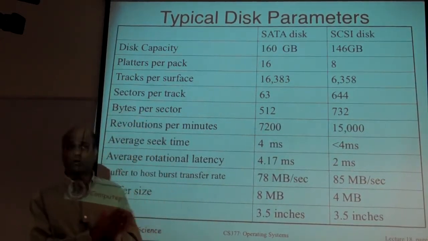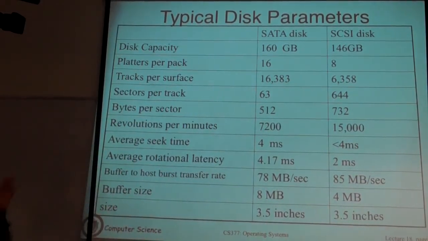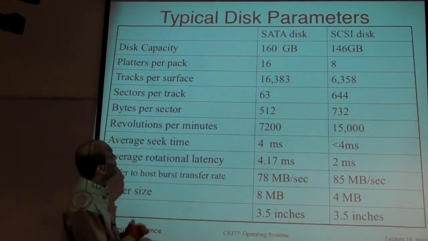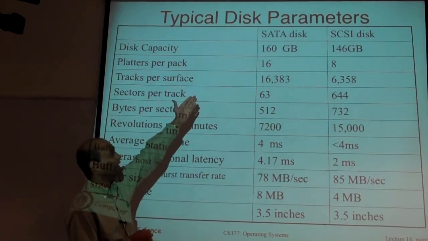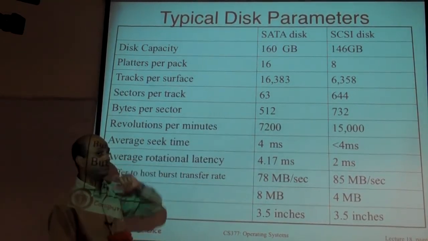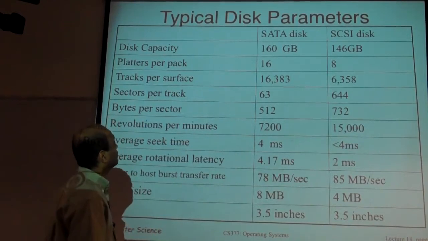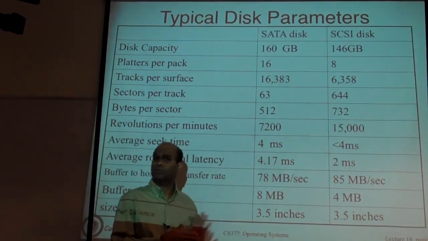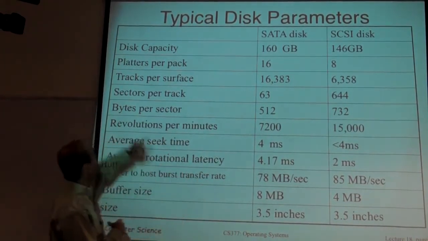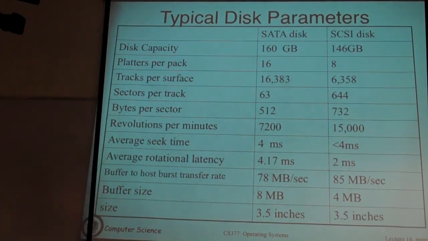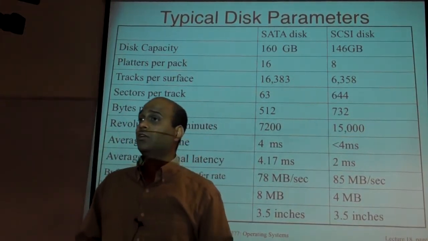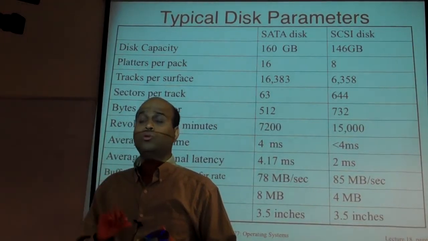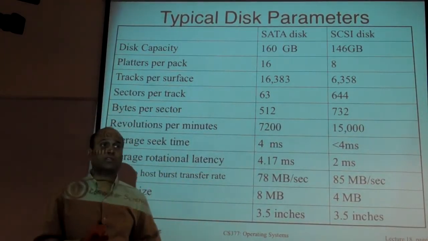Okay. Somewhat old table, but nevertheless representative. Typical disks here: SATA disks, SCSI disks, you must have heard of this term, SAS disks, and so on. This is about 5 years old now. I haven't changed it, but it's representative. You'll see the characteristics of a typical disk. Number of platters per disk, that's 16 and 8. That basically means there are either 16 or 8 of these packed into a 2 inch thickness.